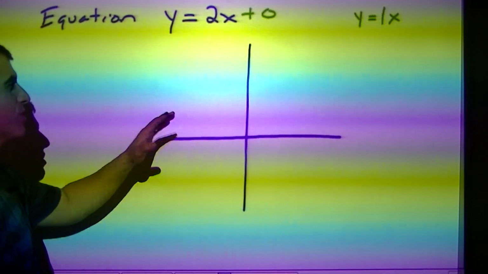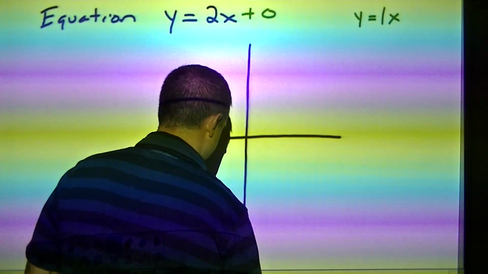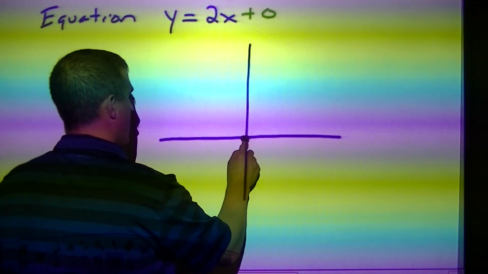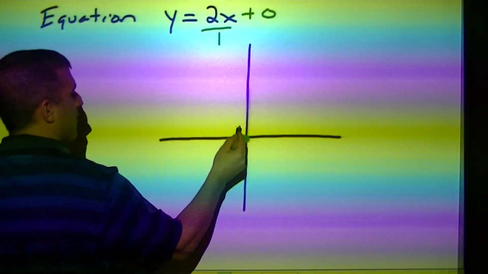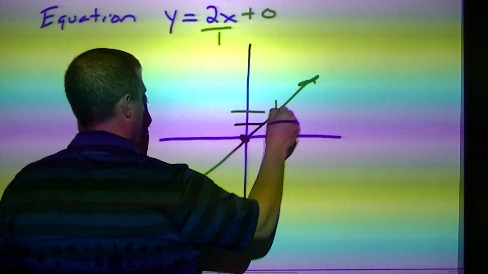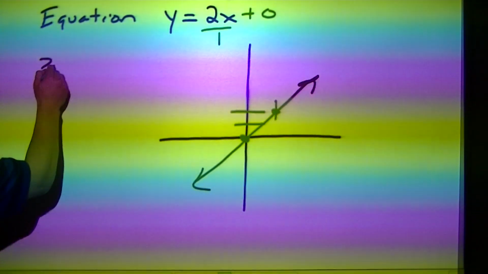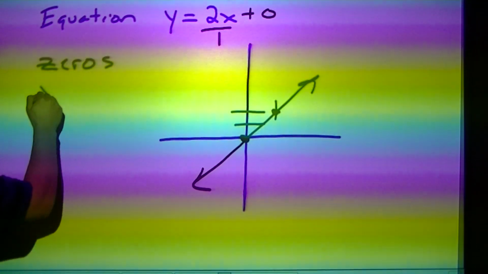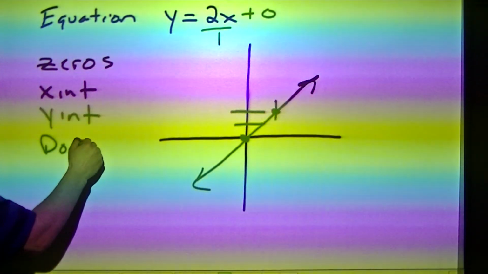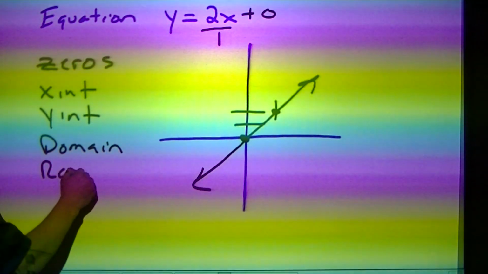So make sure you make that distinction. Now, when I graph that, it's going to be right here. This means 2 over 1, so I'm going to rise 2 and go right 1. So my zeros, my x-intercept, my y-intercept, my domain, and my range.